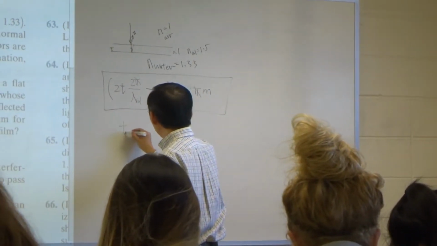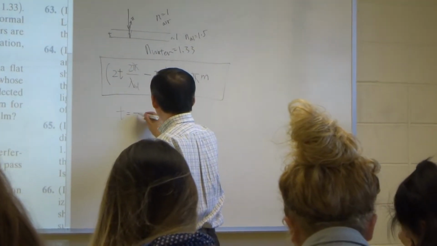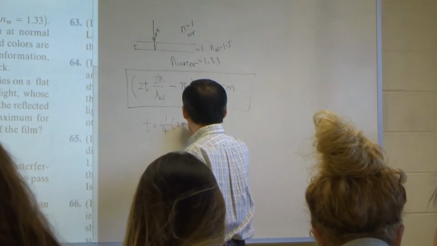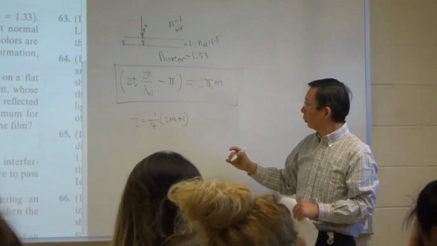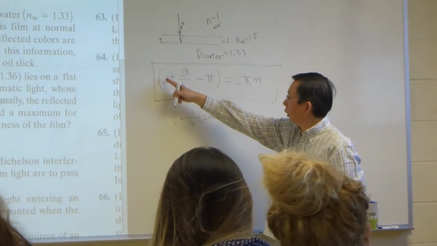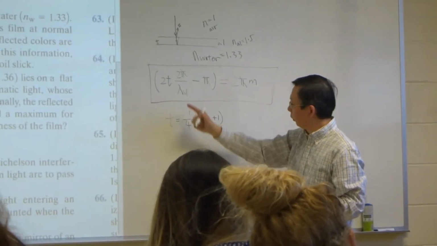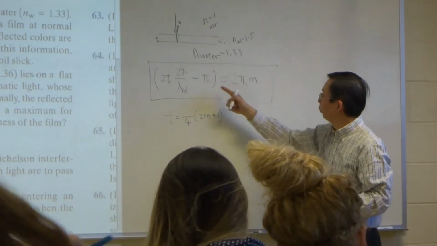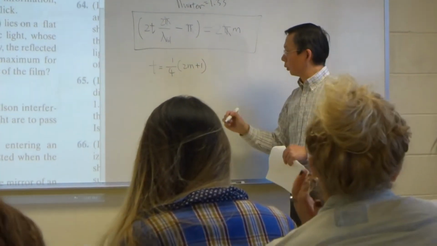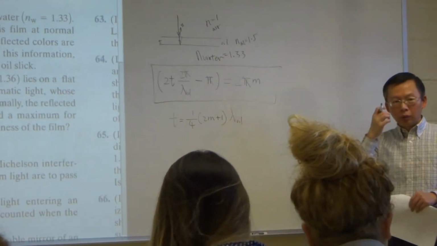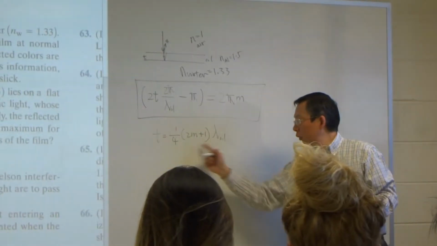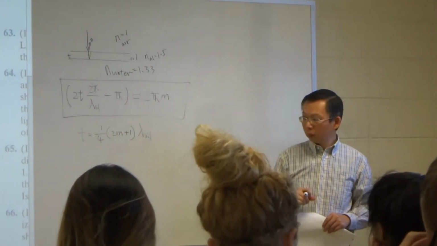You find t is just 1 over 4 times (2m plus 1) times the lambda oil. This 2 times this 2 is just 4, so we divide by 4 here. So that's the formula for the thickness of the oil.